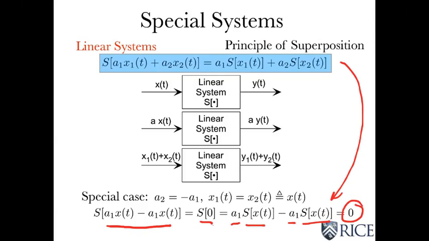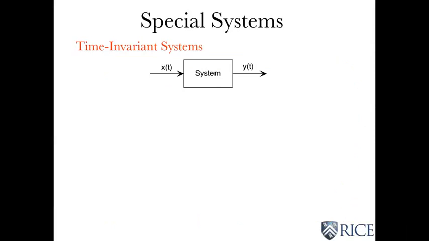It's sort of a very simple test, but it's not what's called sufficient. It's a necessary property, but not sufficient. The real test of whether something is linear or not goes back to the original definition. And by the way, in detail, this principle of superposition has to apply for all signals x1 and x2 and all constants a1 and a2. So it's a pretty demanding requirement, but when you have a linear system, it's very, very nice.